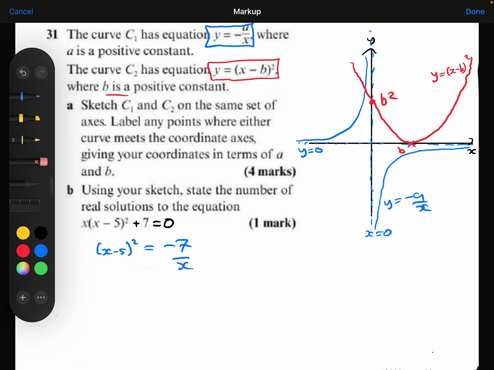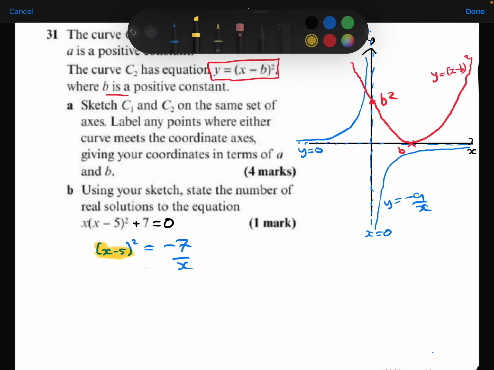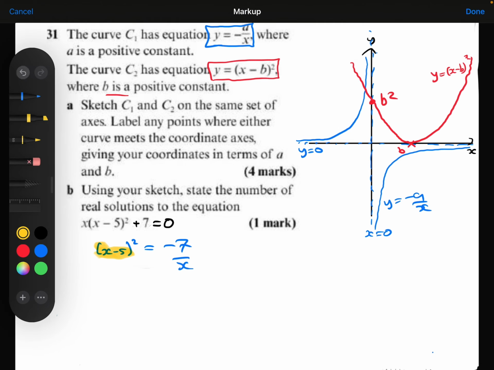I notice that actually this is very similar to my C2. Let me colour code this to make it clearer. This is very similar to the C2 curve, and this is very similar to my C1 curve. We can just see that here, this is like b being 5 in my x minus b.